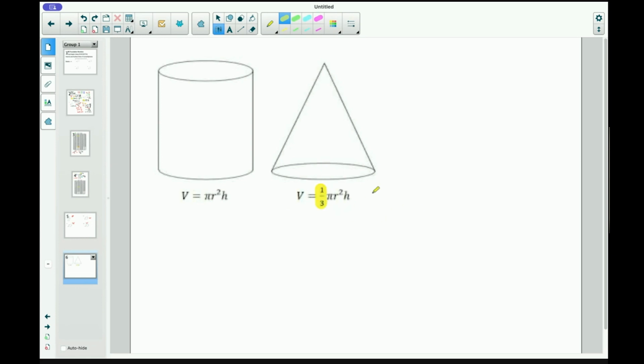Okay, so that one third, essentially, what that means is if I were to take two shapes, one being a cylinder and one being a cone, and they happen to have the same height and the same radius. Okay, so let's make a quick little sketch here.